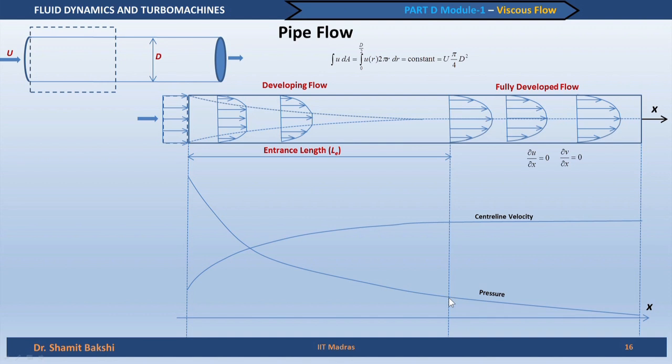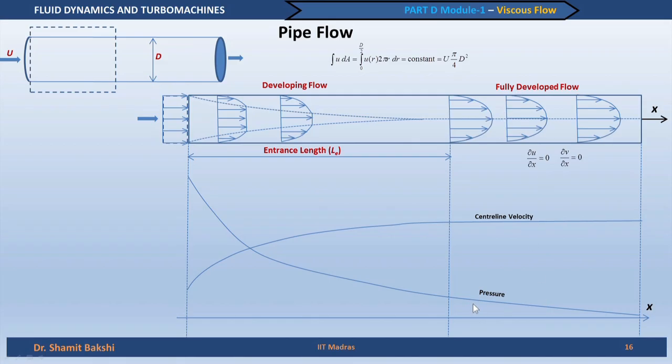Now, there is a significant pressure drop in the entrance region, and after that the pressure keeps on falling. Even though the center line velocity is constant, the pressure keeps on falling. This fall in pressure after the flow has fully developed is of course expected, because it is due to friction.